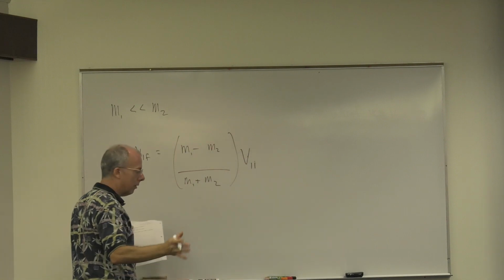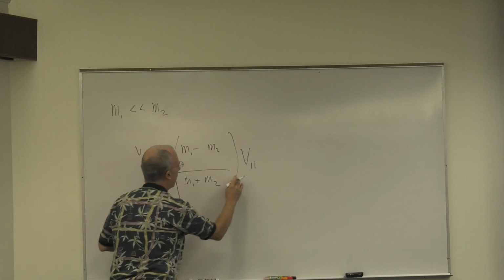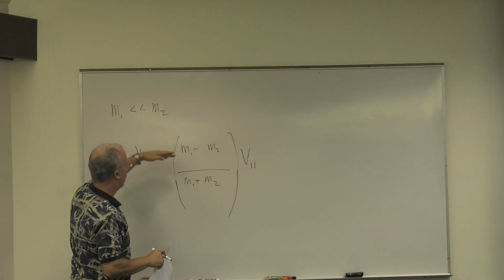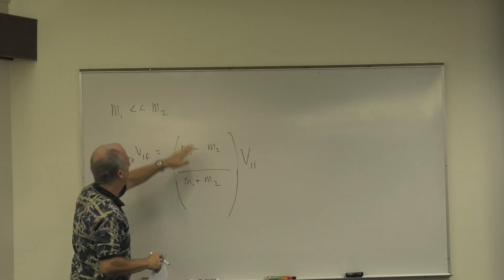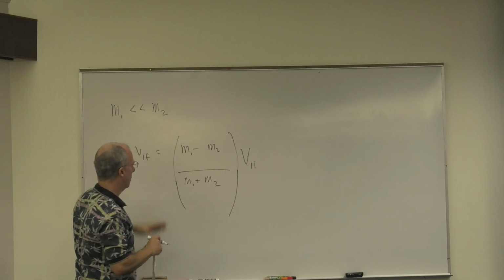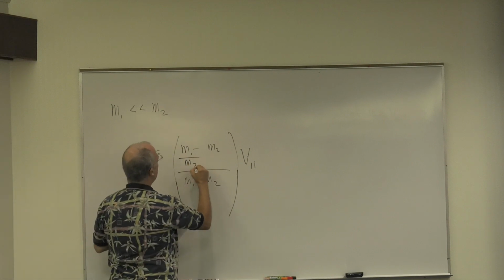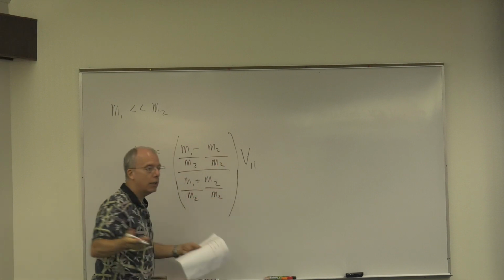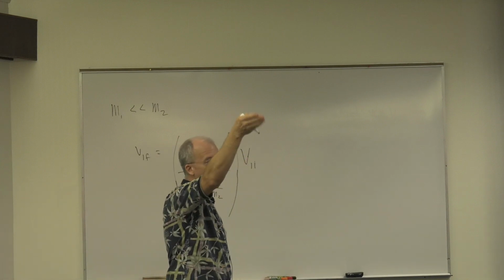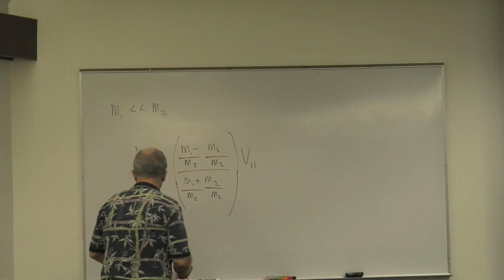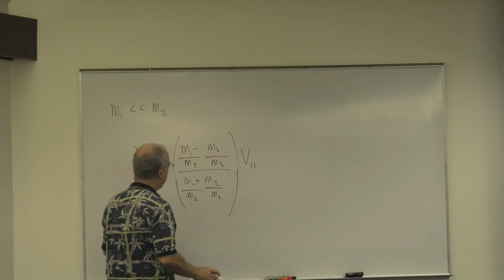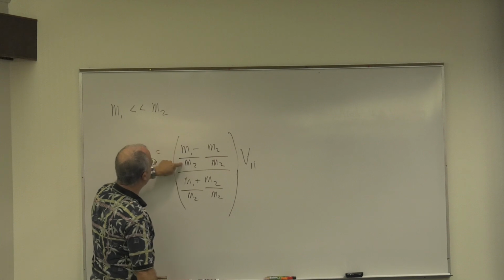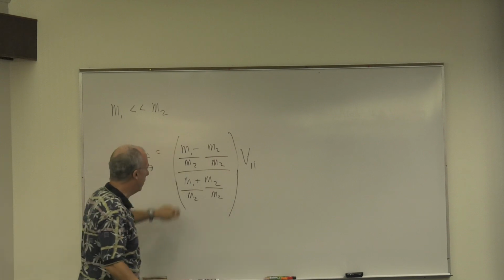So here's the math trick. When you have a situation like this, where this one is really, really big, divide top and bottom by the mass that's really large. So divide by M2, M2, M2, M2. That's perfectly legal, that's just algebra. If you do something to the top, you do it to the bottom. Now let's simplify it. M1 is tons less than M2, so what's M1 divided by M2? It's basically 0.